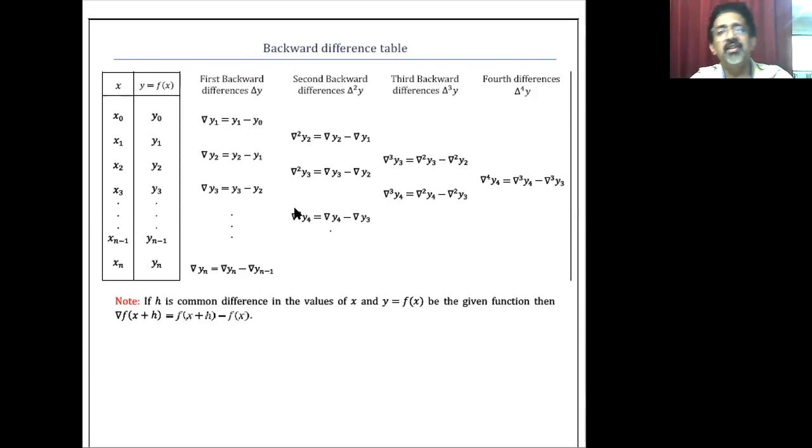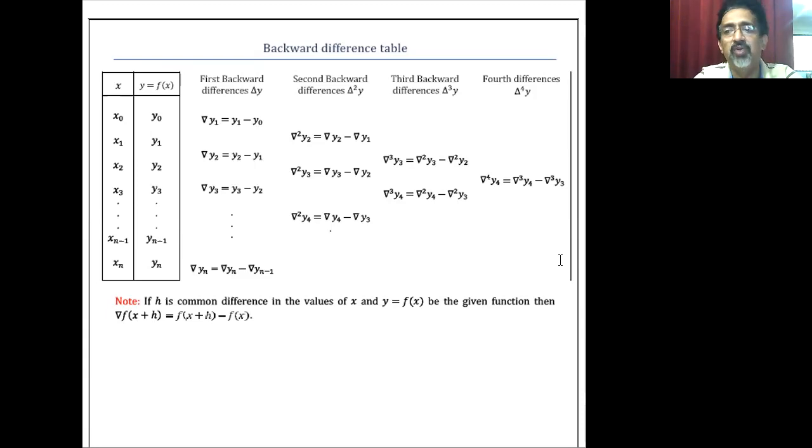So this is how we define the backward difference and the backward difference table, as we did for the forward difference. Basically, if you look at the forward difference table and the backward difference table, they look exactly like the same figures, with the same numbers.